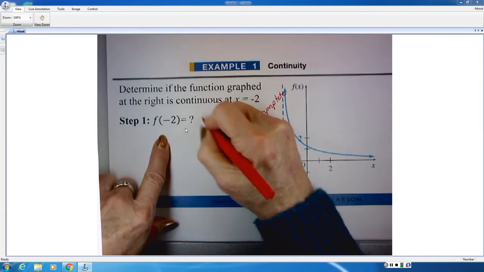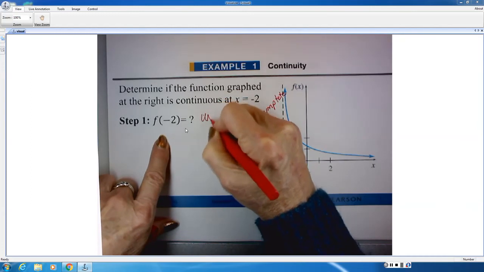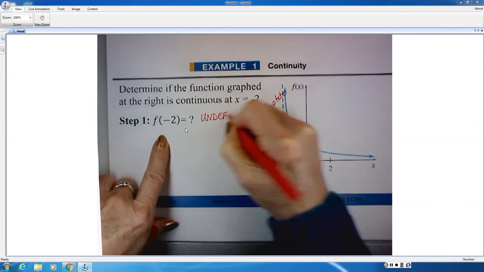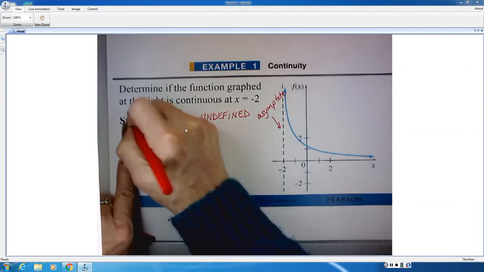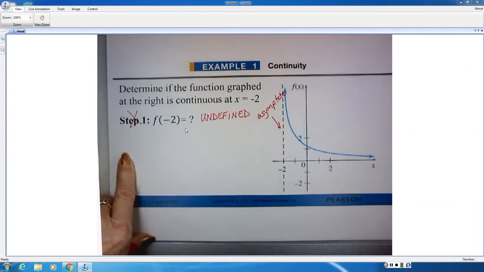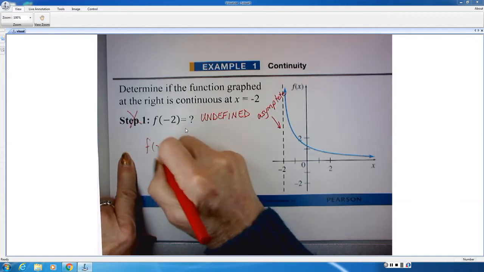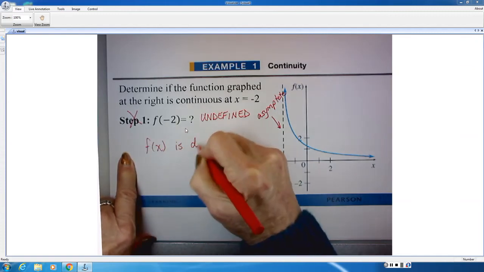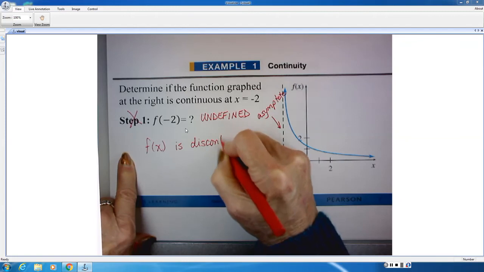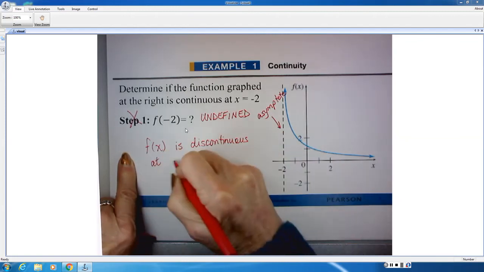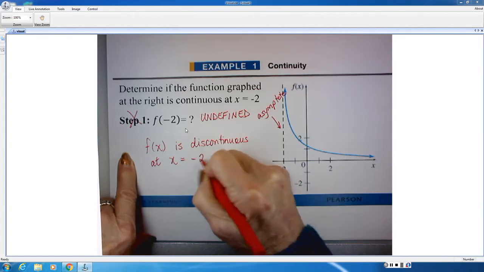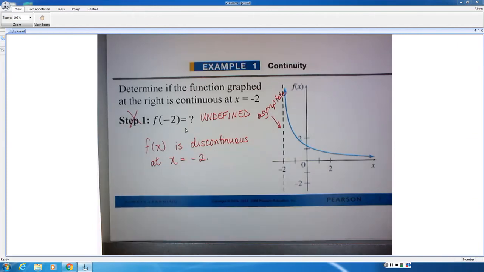So for that reason, f of -2 is undefined, and this function is not continuous. We say that f of x is discontinuous at x equals -2. Okay?